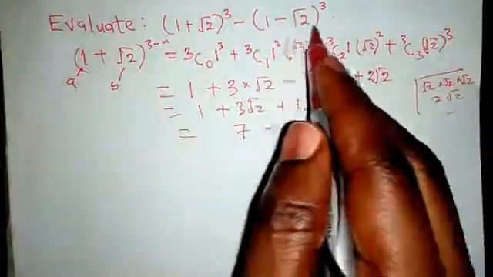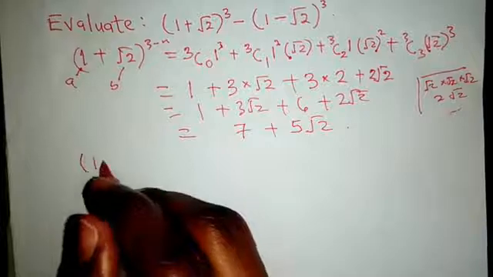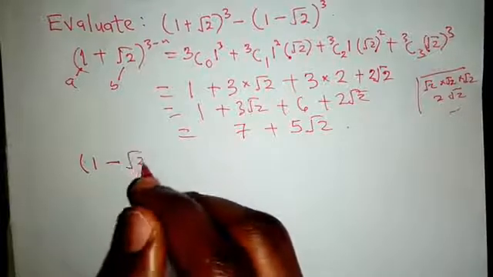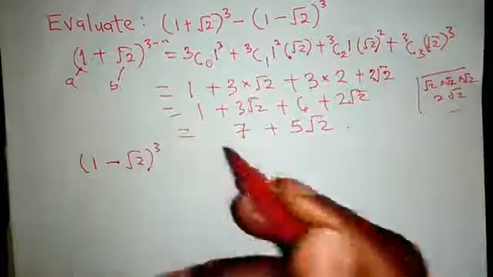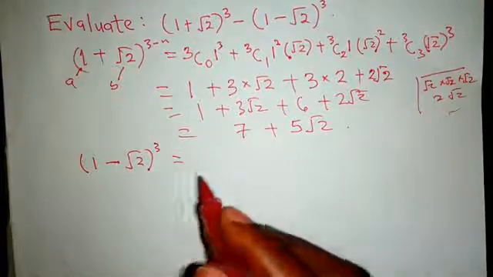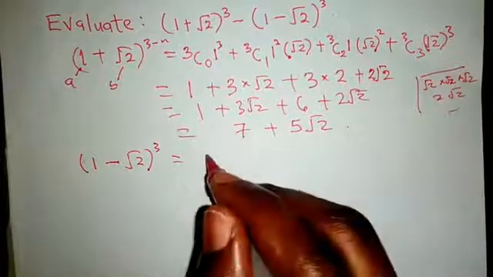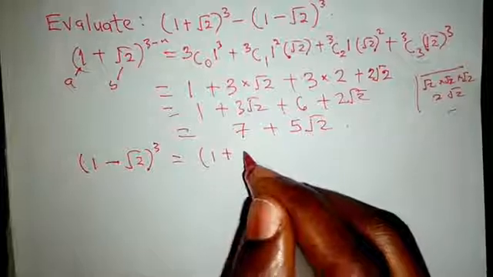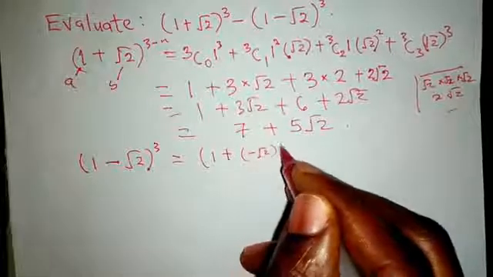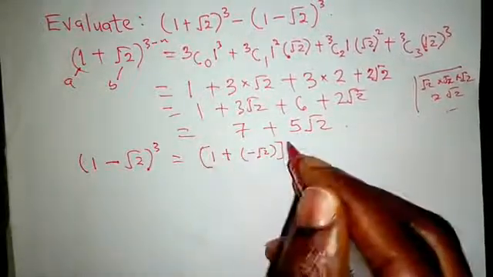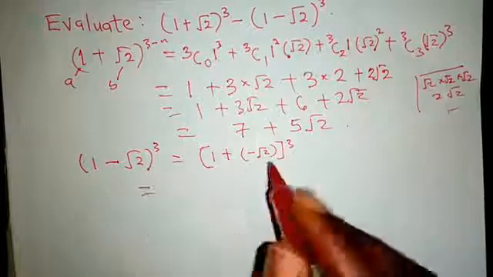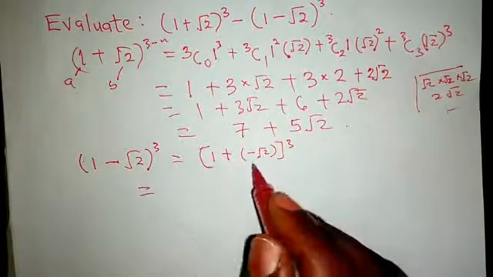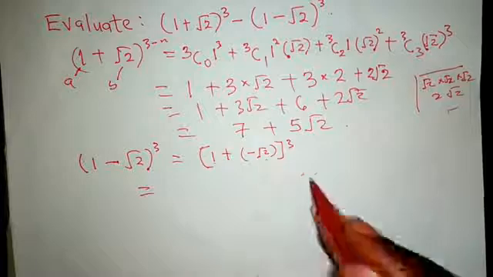Now let's expand this also. So we have 1 minus root 2 to the power of 3. Now this can also be written as 1 plus minus root 2 to the power of 3. So in this case, A is 1 and B is minus root 2.